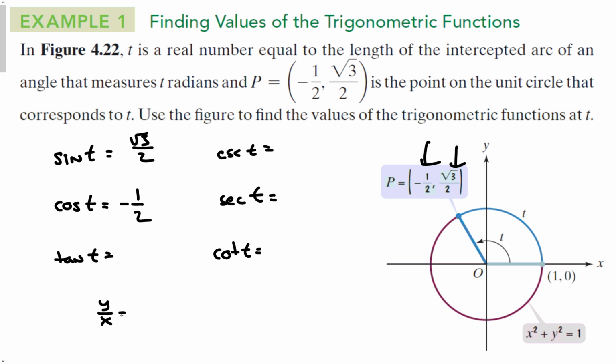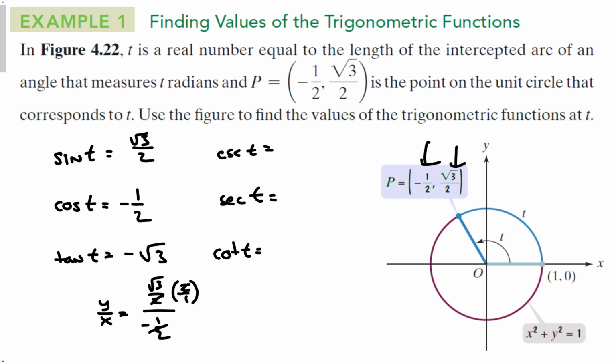So we're going to take negative radical 3 over 2, the y coordinate, over negative 1/2. To divide a fraction by another fraction, we multiply by the reciprocal. The 2's cancel, and we get negative radical 3. Okay, so those are my first 3 functions.